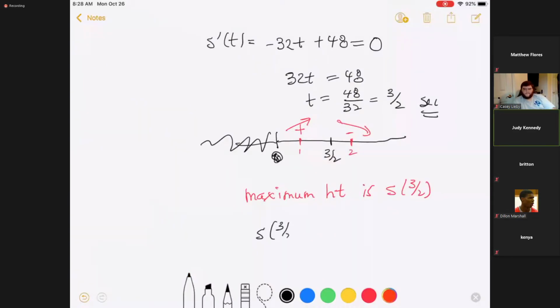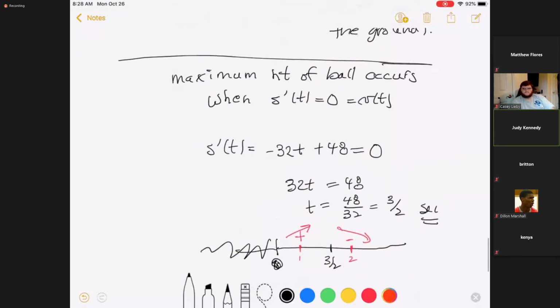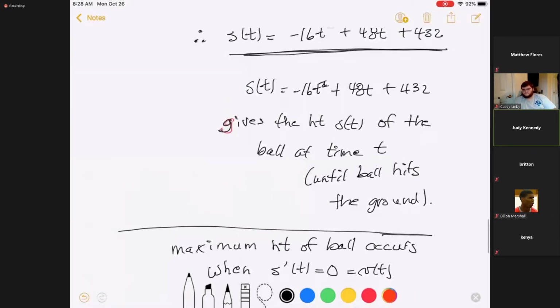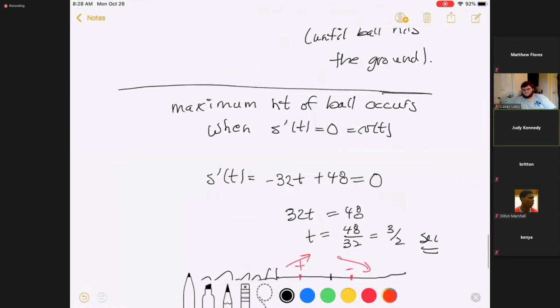we need S of 3/2, and S was minus 16t squared plus 48t plus 432.